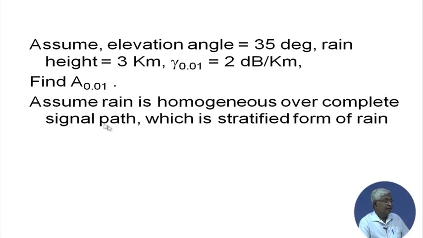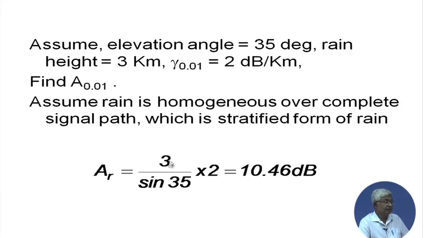Assume rain is homogeneous over the complete signal path, as we have shown in the last picture, which is named stratiform rain. So the attenuation due to rain is 3 by sine 35, because of that angle, that is the hypotenuse, multiplied by 2. So it is 10.46 dB. You can see, though it is 2 dB per kilometer, because of this 35-degree angle you are getting 10 dB attenuation.